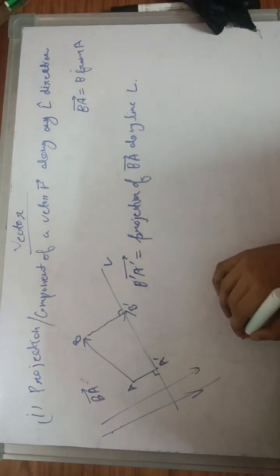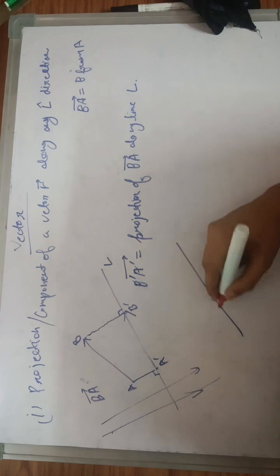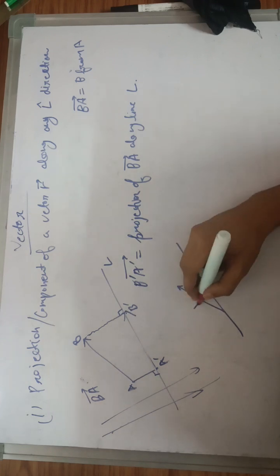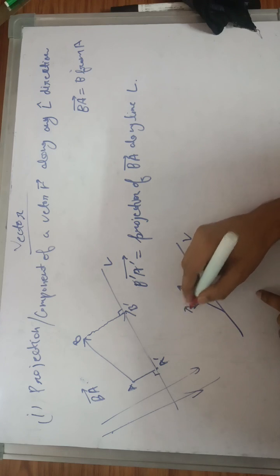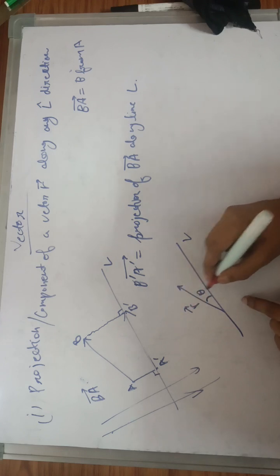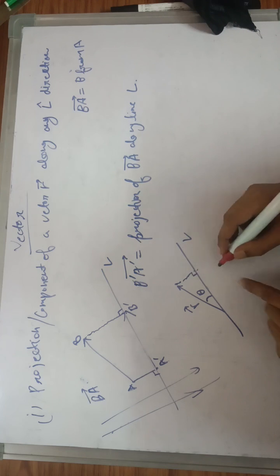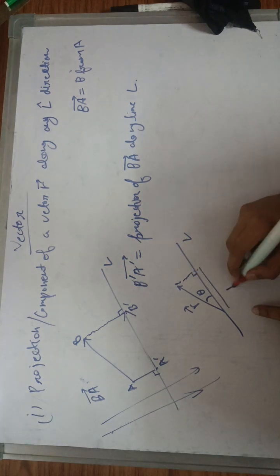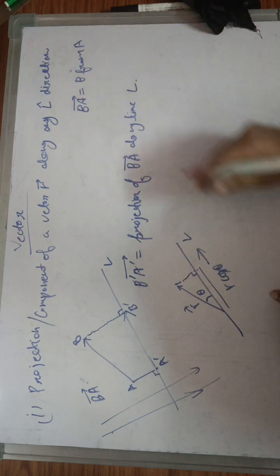If I take a vector R, and this is the line, and it makes theta angle here, then I will draw a perpendicular line here, and this length will become R cos theta, and the direction would be along this line in this direction.